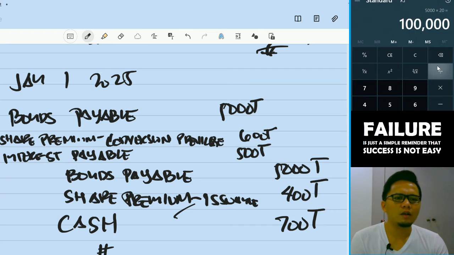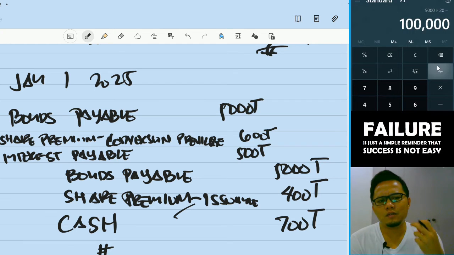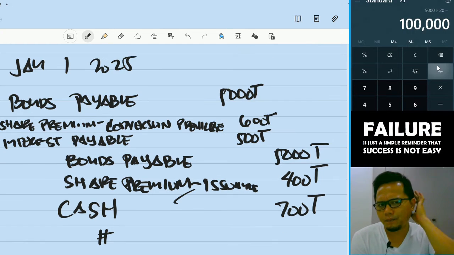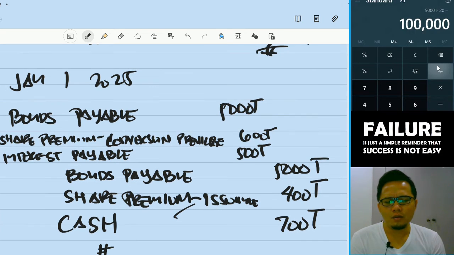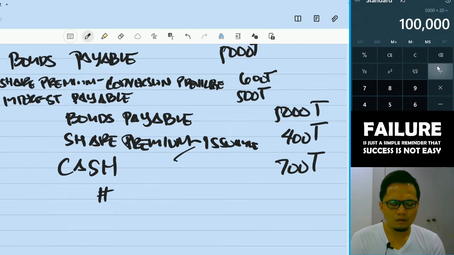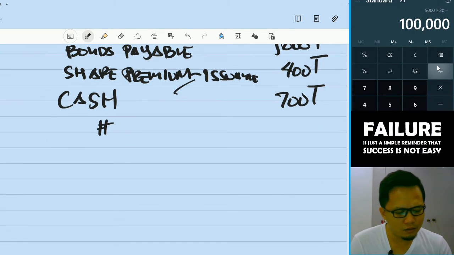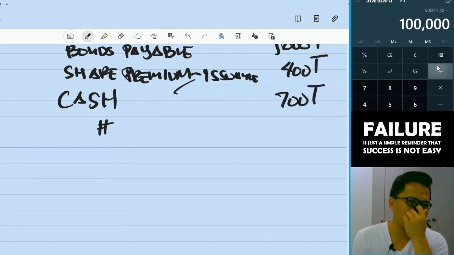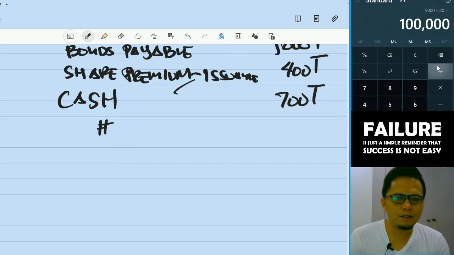If we make an amortization schedule table, on maturity date, the carrying amount is equivalent to the face amount, which tells us that any discount or premium is now zero. So that is for conversion.